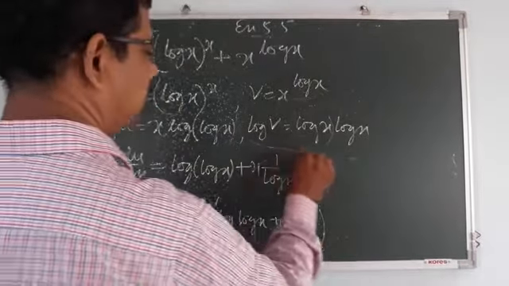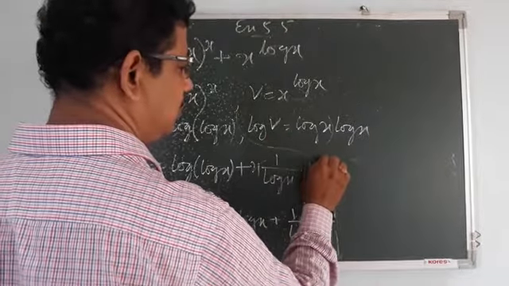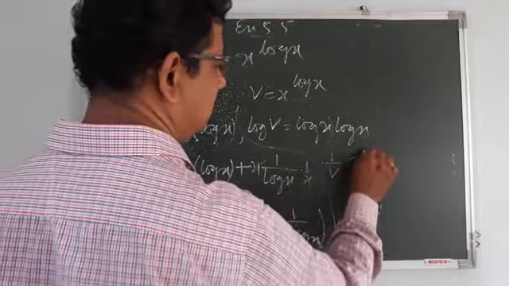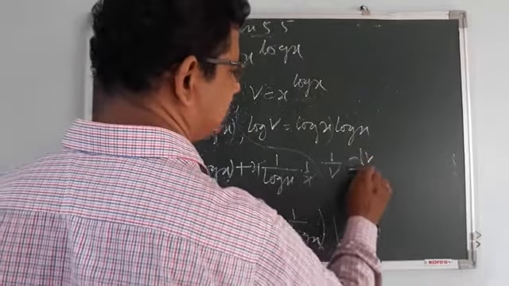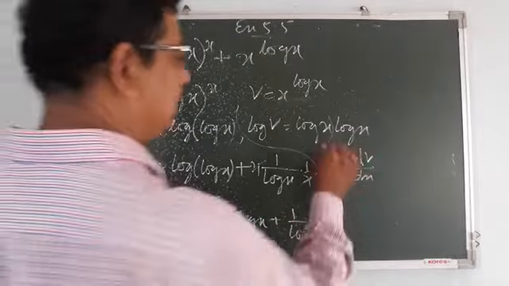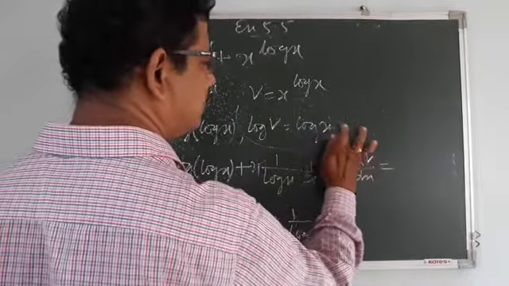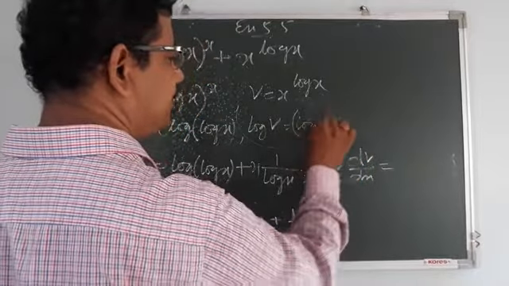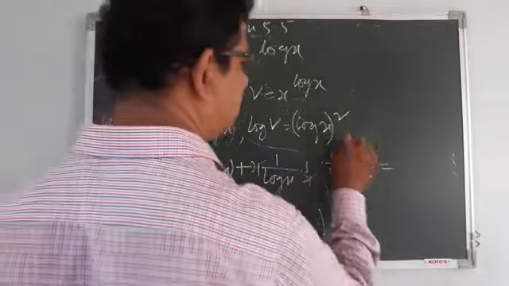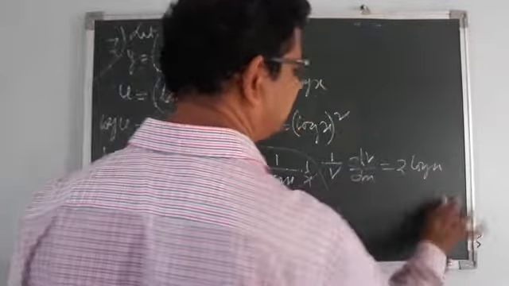Now this one, if we differentiate this log, it will give us 1 by v dv dx. It is the rule. Then log x into log x; instead of this, we can write log x square. Now see how to differentiate something square. So 2 into log x to the power 1.